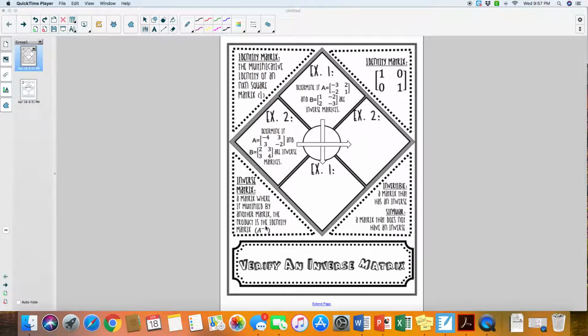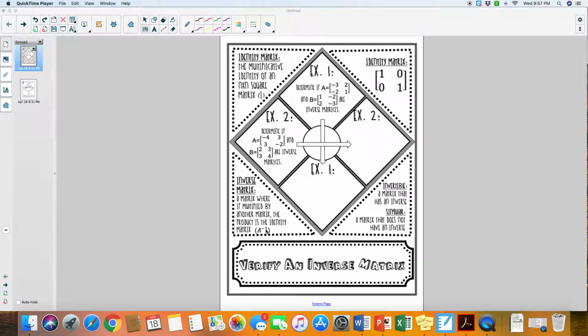Well, that is how you're going to determine if two matrices are inverses of each other. I'm sorry, not congruent. So I would take the two matrices that I have and multiply them by each other to see if I get the identity matrix.